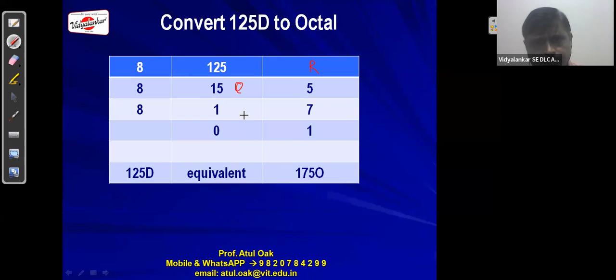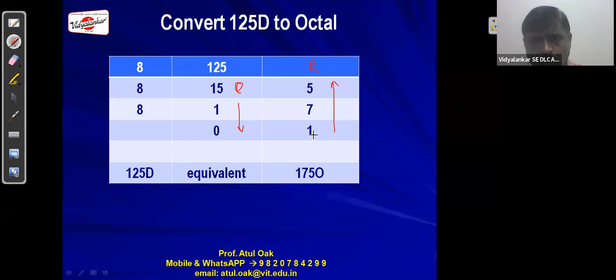Divide 15 by 8, 8 ones are 8, remainder is 7. 1 divided by 8, division is not possible, so stop the division. Quotient is 0, and whatever is left over will be your remainder. Pick up all the digits from bottom to top.